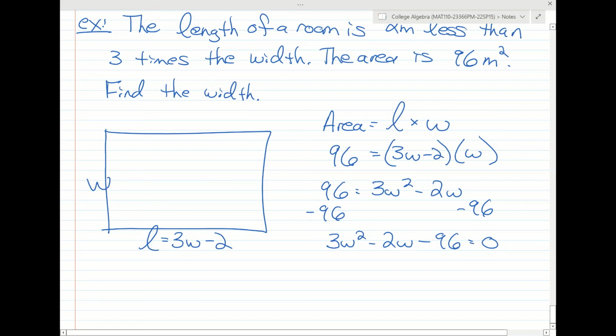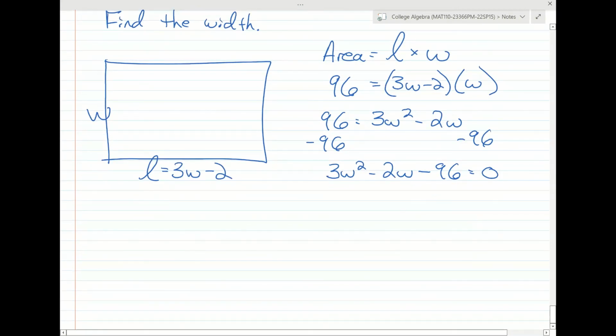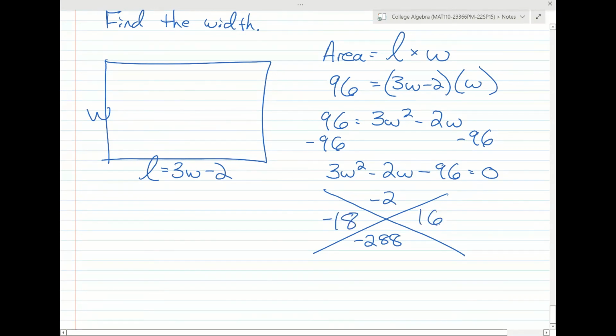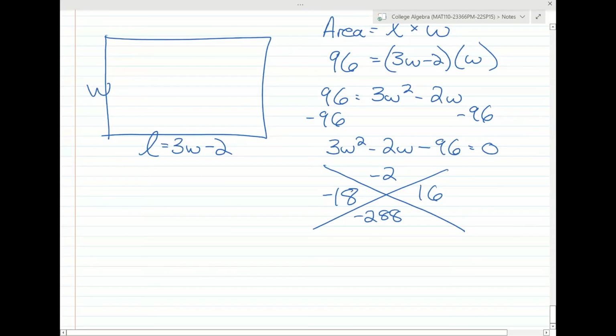And then we just have to factor and set that equal to 0. So you guys could really finish this. The numbers are a little bit bigger, but we're looking for numbers that multiply to be 288 or negative 288 and add up to be negative 2. And just to save us a little bit of time, it's negative 18 and 16. So let's just go ahead and finish this up and then we could go home.